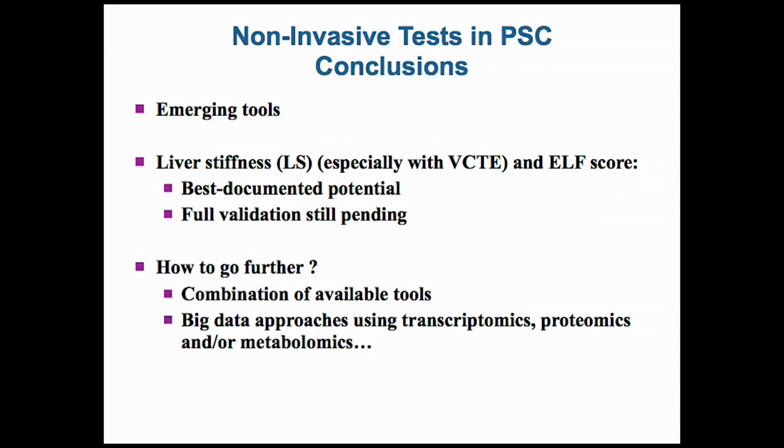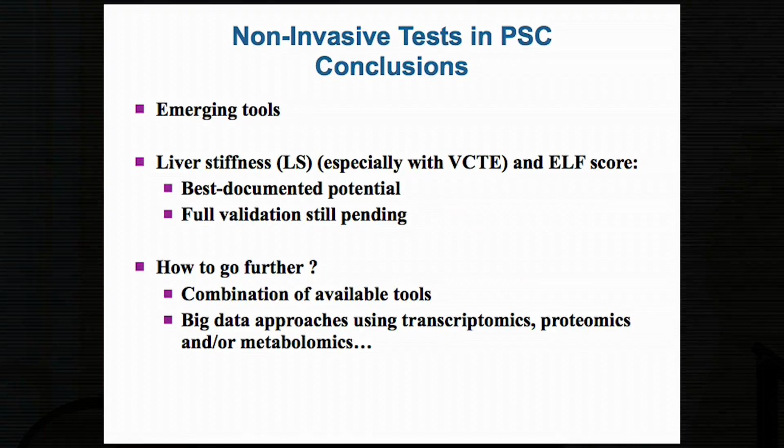So to conclude, the good news is that there are new emerging tools. Among these tools, liver stiffness, especially FibroScan, and the ELF score have the best documented potential, but full validation is still pending. And how to go on from there?